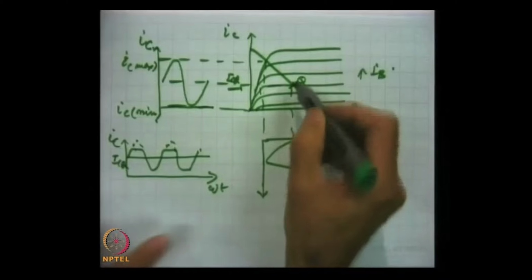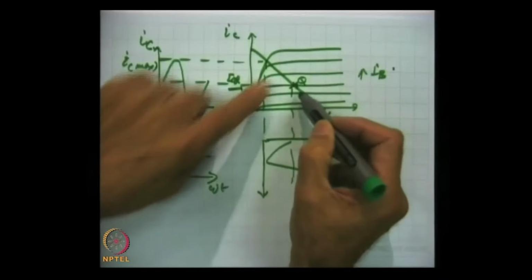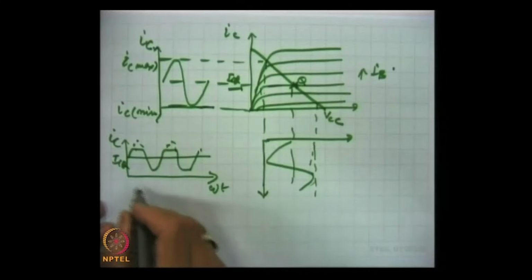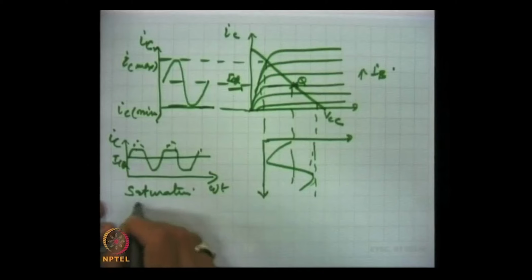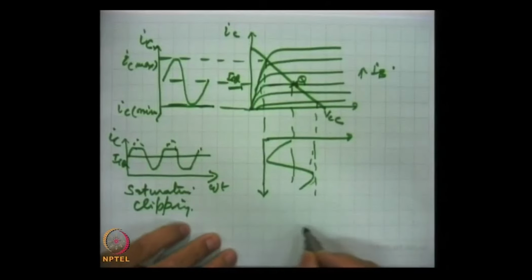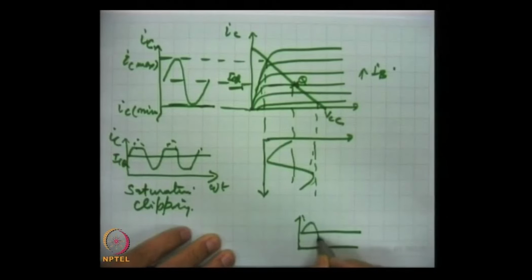Similarly, if we choose the operating point towards the cutoff, then this is saturation clipping, and if it is chosen a little down, then it will be here.